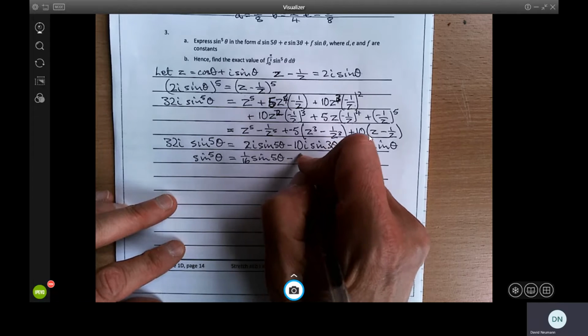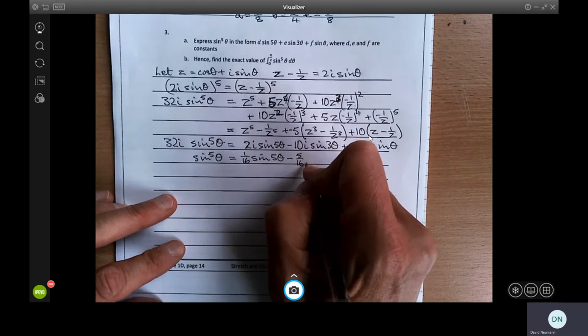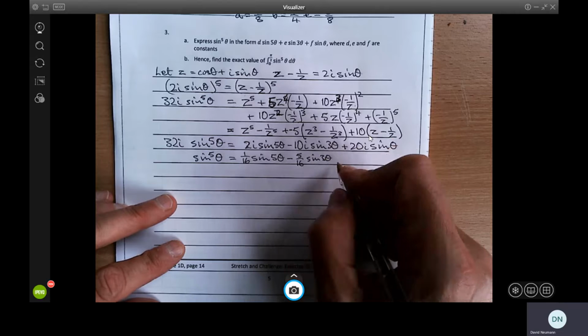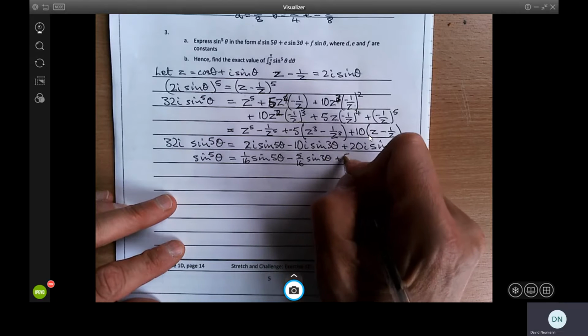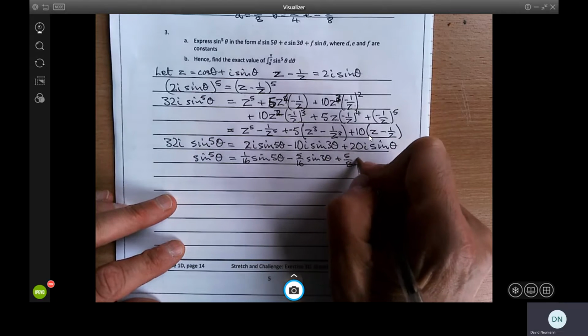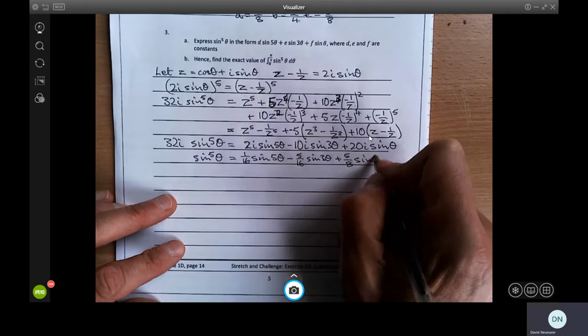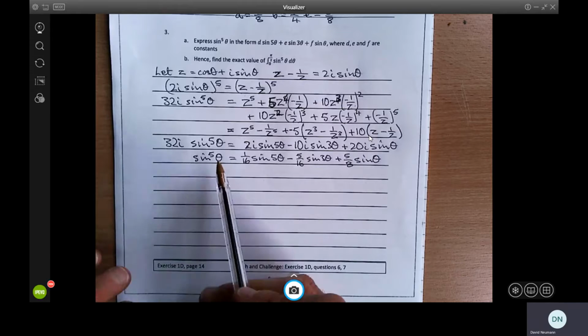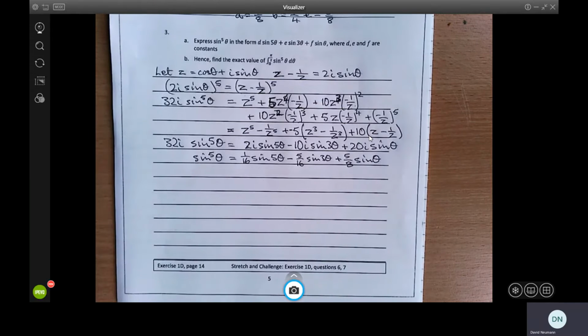So minus 5 over 16 sine of 3 theta plus 5 over 8 sine of theta. So we've got an identity for sine to the power of 5 of theta, which was similar to how we found an identity for cos to the power of 4 of theta in the previous question.